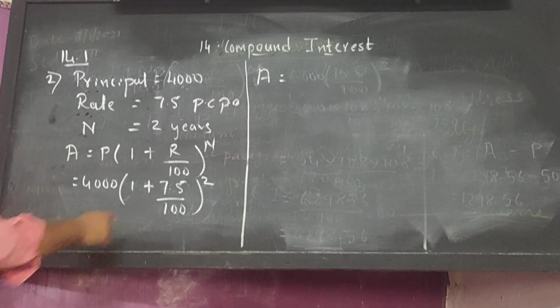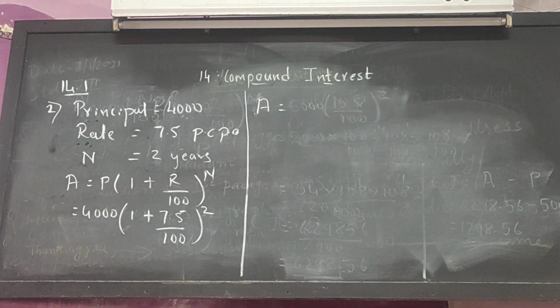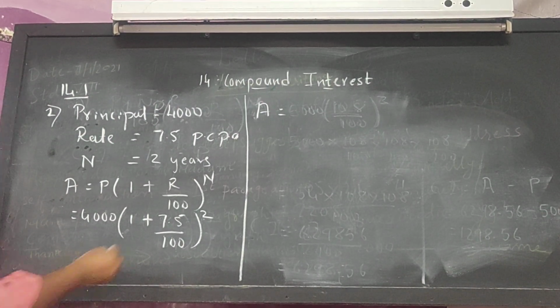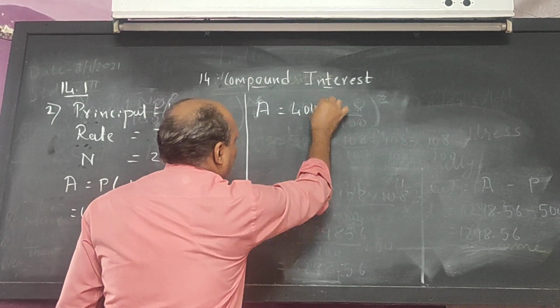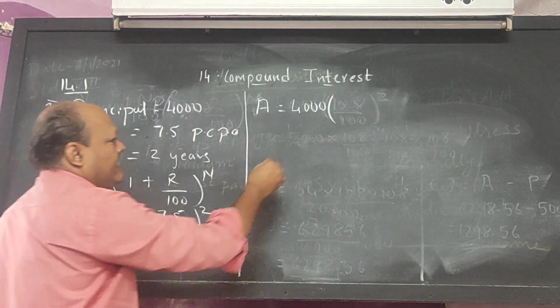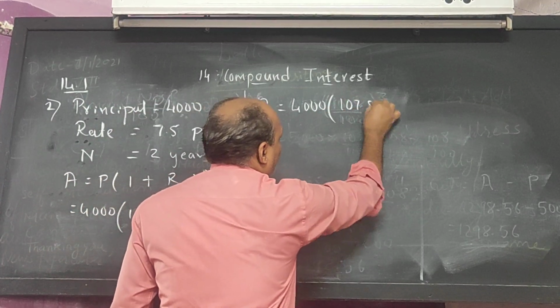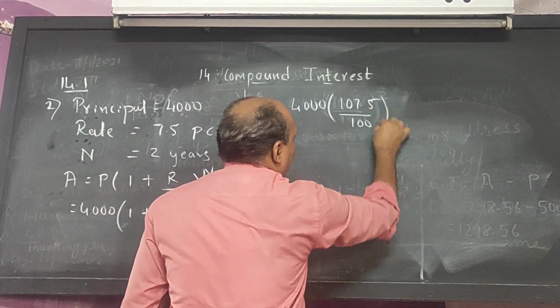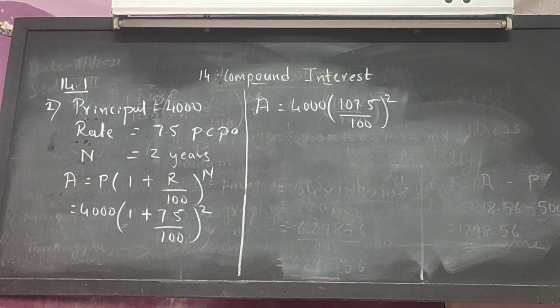Now either you can remove the point over here or you can do the calculation with the point also. Here I am doing with the point. 100 plus 7.5, that is 107.5 upon 100. I hope all of you understood here.